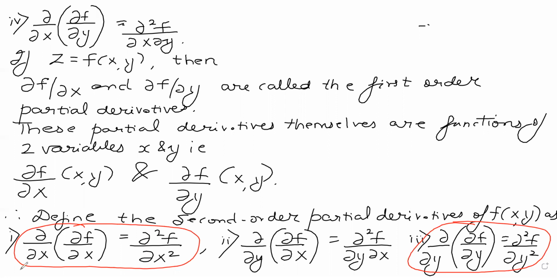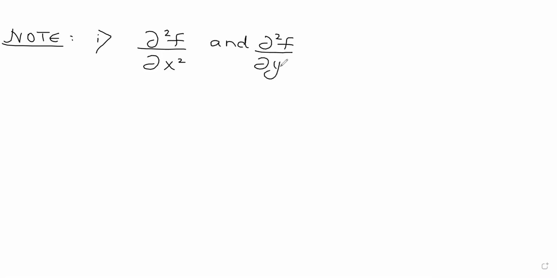So a note as follows: del square f by del x square and del square f by del y square are called the direct second order partial derivatives.